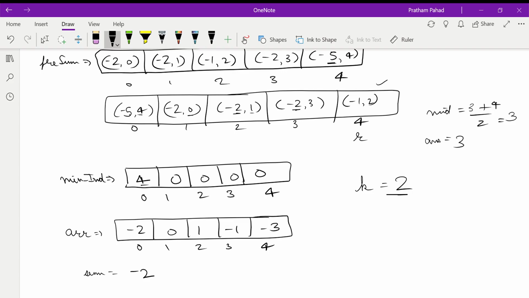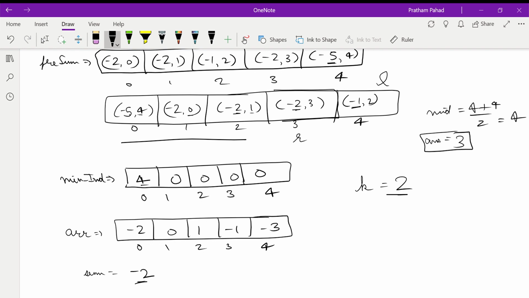So low will be here now. Again find out the mid. It will be 4. Check if it is less than or equal to your value. No, it is not, so do right equals mid minus 1. So initially your answer is 3. That means till this point you have all the values which are less than your sum.